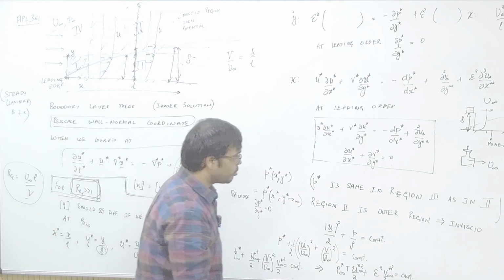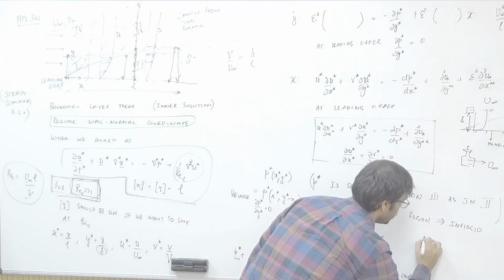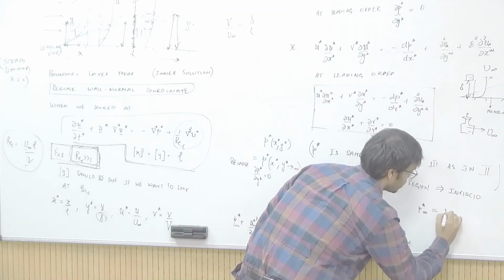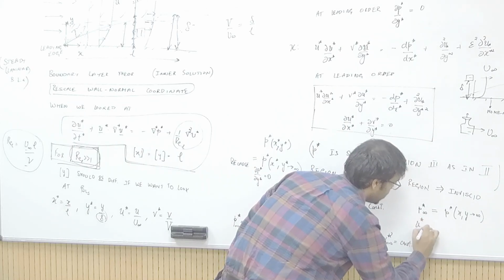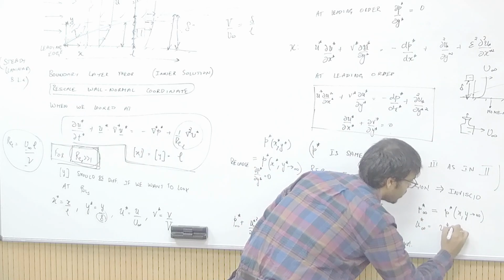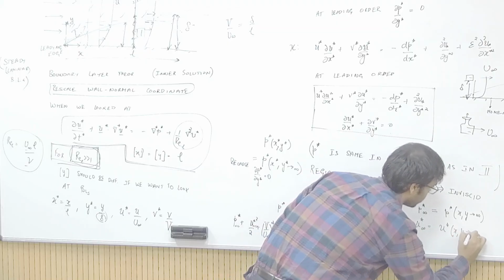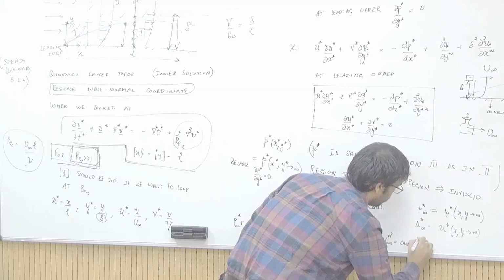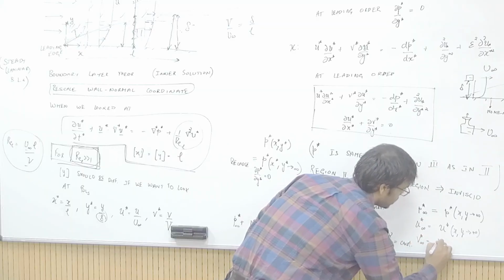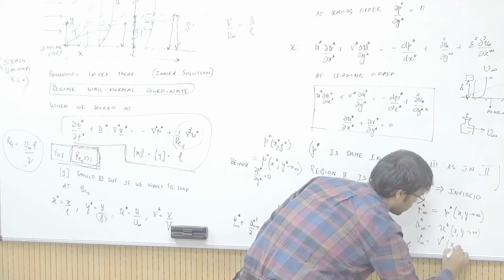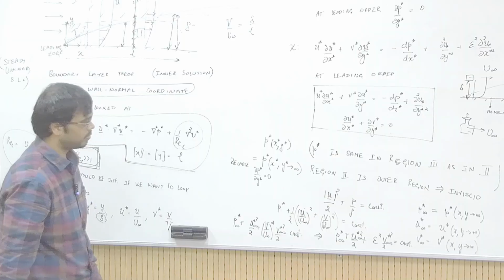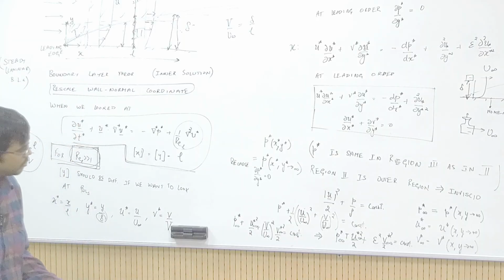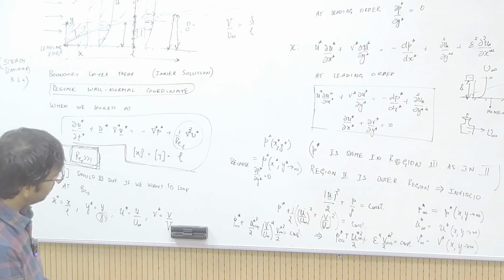So p star infinity means it's p star, u star infinity is u star, and v star infinity is... These relations are not only valid at y tends to infinity.